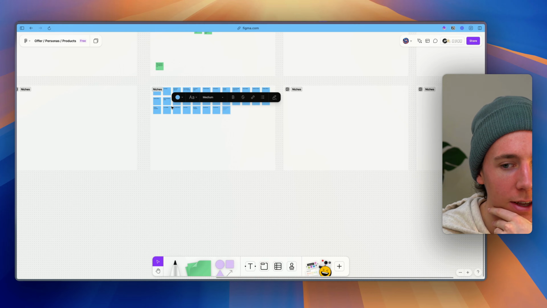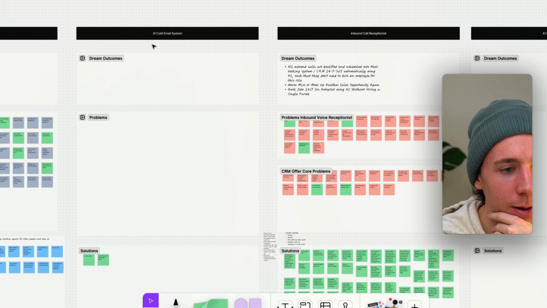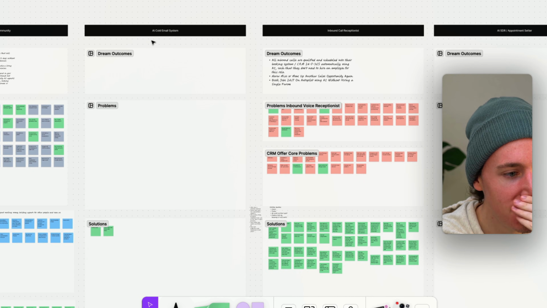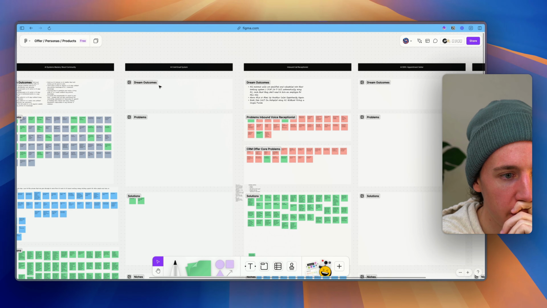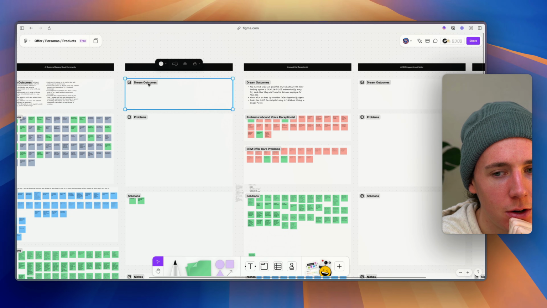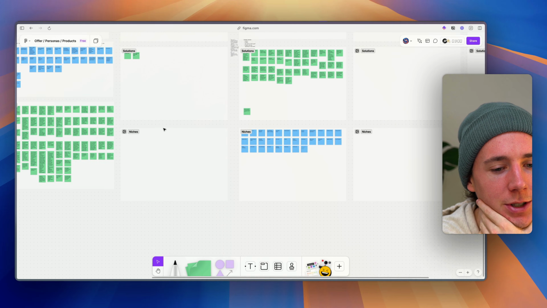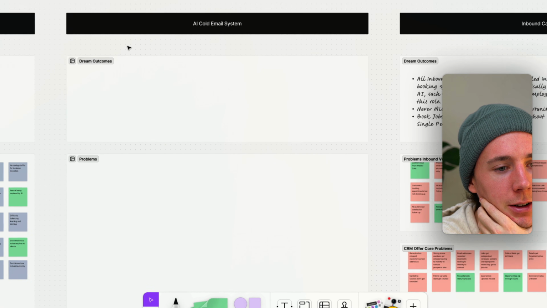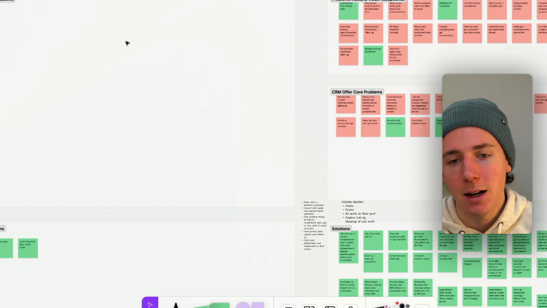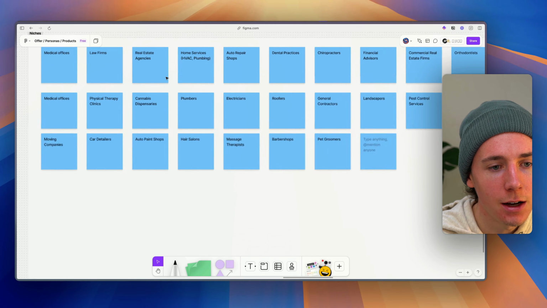So the interesting thing with this is that, compared to an AI cold email system, this is a little bit harder to target because there's a very specific type of company that can benefit from sending cold emails. And a lot of times they're already getting hit up by people, but this is like completely untapped territory.